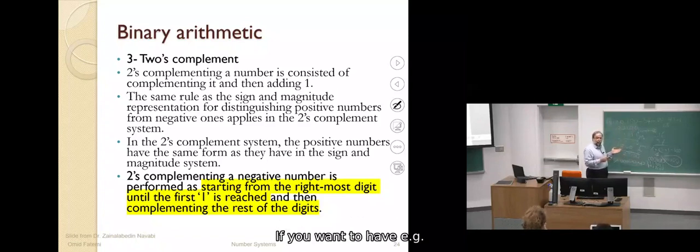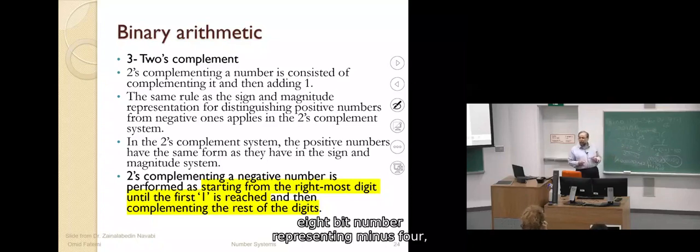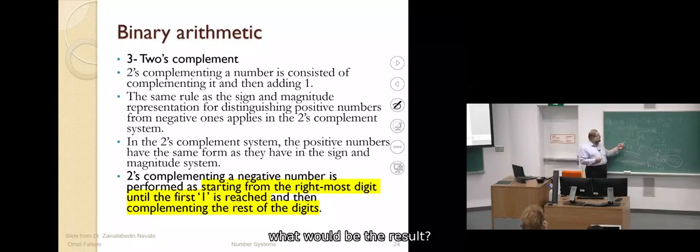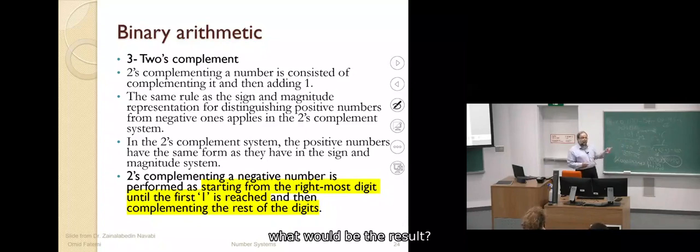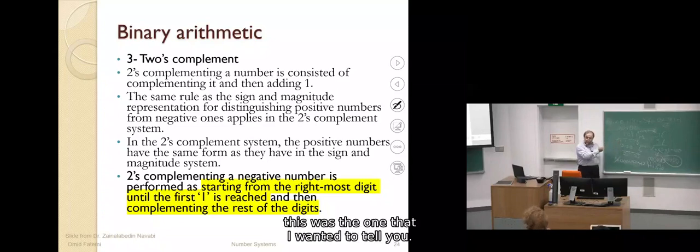If you want to have, for example, an 8-bit number representing -4, what would be the result? This is -4, but with 5 bits. If we want to represent it using 8 bits, what would be the result? Okay, this was the one that I wanted to tell you.